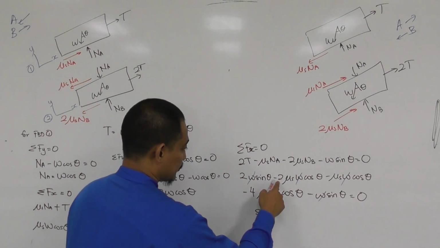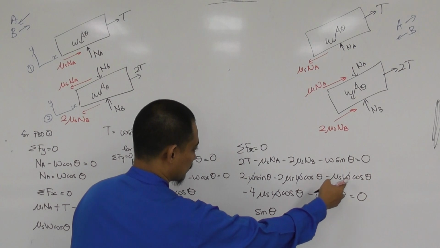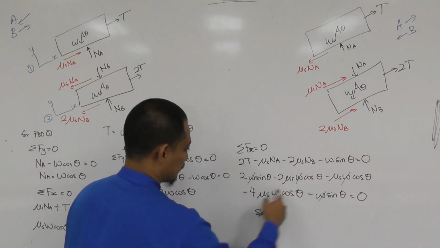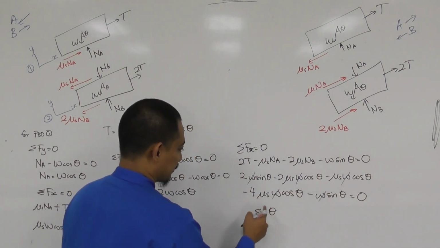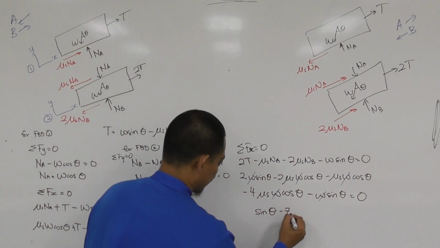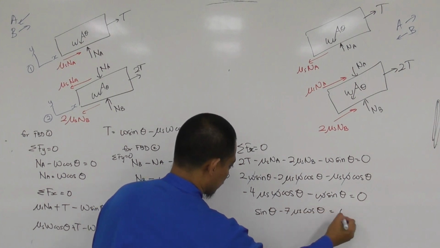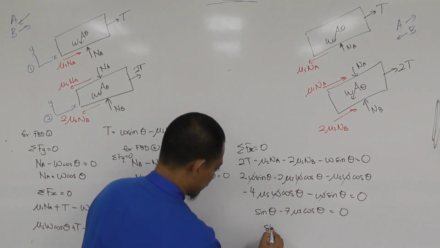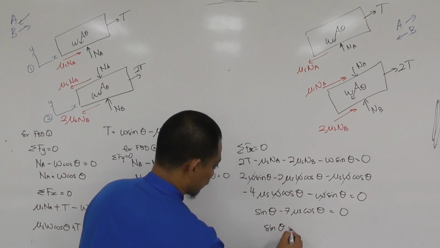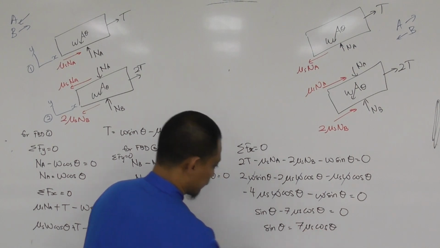And then 2 mu s cos theta, and then minus mu s cos theta becomes 3. Minus 4 mu s cos theta becomes 7. Minus 7 mu s cos theta equal to 0. Basically, sin theta equal to 7 mu s cos theta.